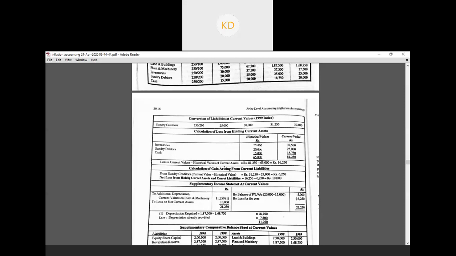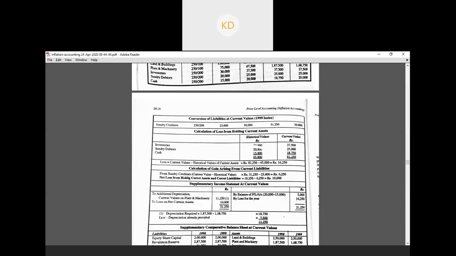Unlike that, in this method only opening values will be converted, because at the end of the year closing values are written at closing values. So current value accounting doesn't talk about what happened to the additions' inflation impact. That will not be discussed here.